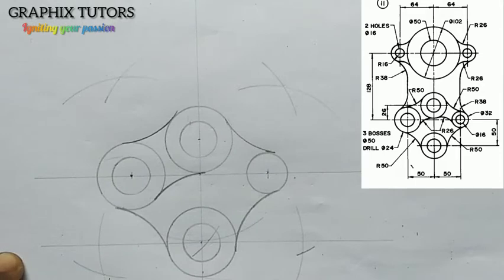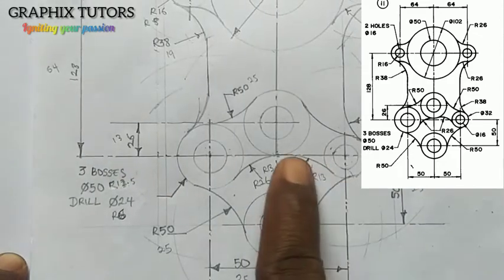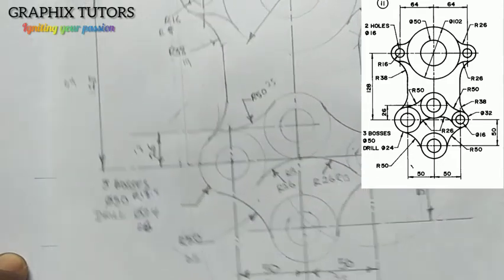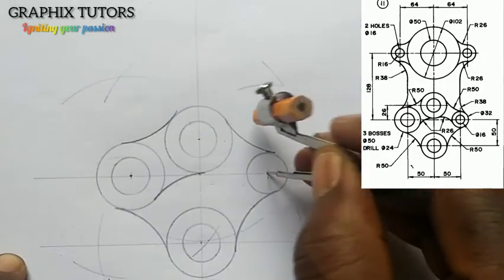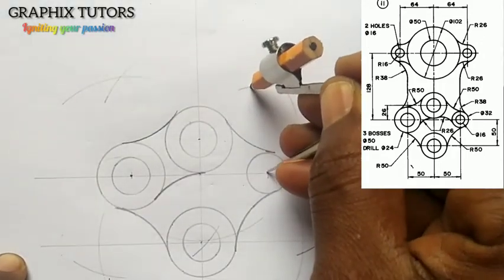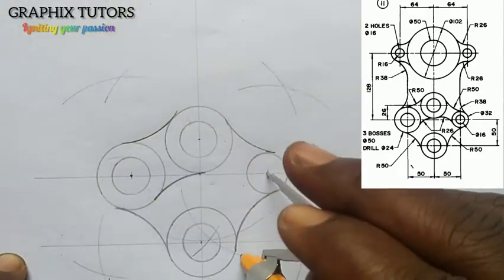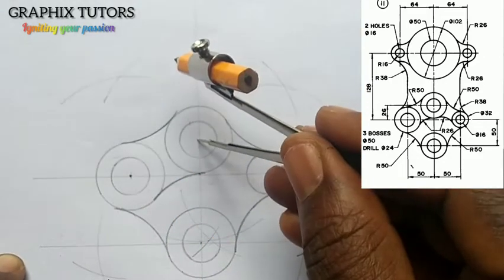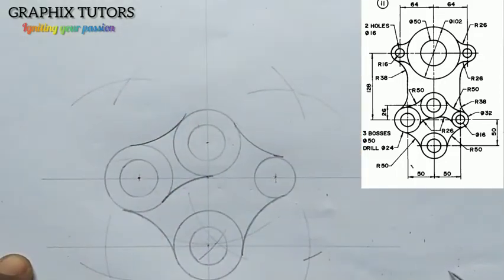Is that okay? Now in doing that, I still have another one here, which is this, right? So what I will do is the same thing. What I use, I place it here to get this, right? So I also use it to get here, and I place it here to get the other one here.